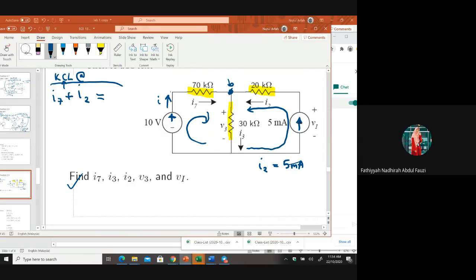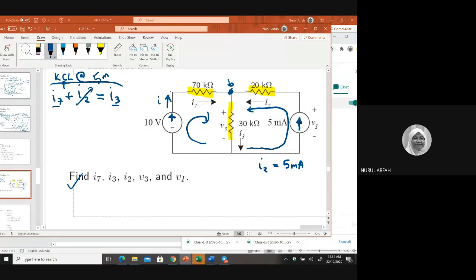I3. Very good. Okay, now you have this. Can you solve it? Is it yes or no? You only have one data there. The I2 here is equal to 5 milli. So still you cannot solve the problem because I7 is unknown and I3 is also unknown.